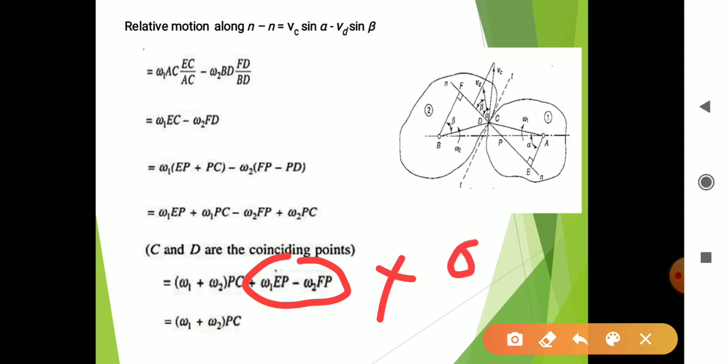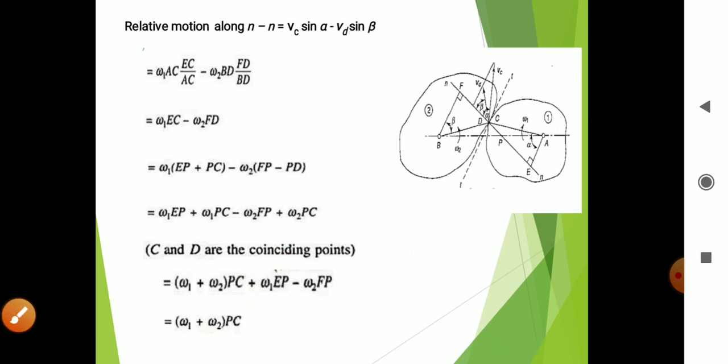So what remains? Omega 1 plus omega 2 into PC. Because omega 1 EP is equal to omega 2 FP. That means the sum of the two angular velocities into this distance is nothing but the velocity of sliding.